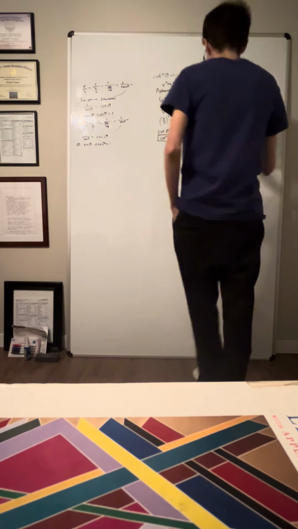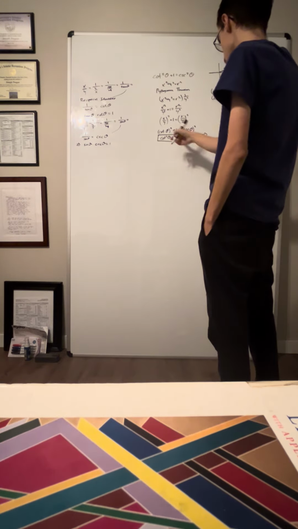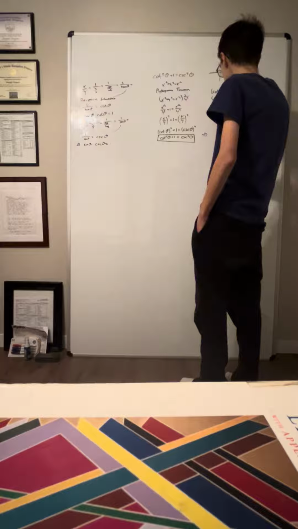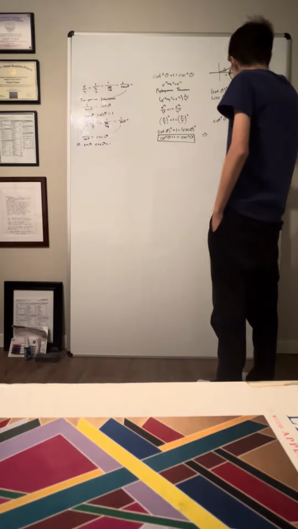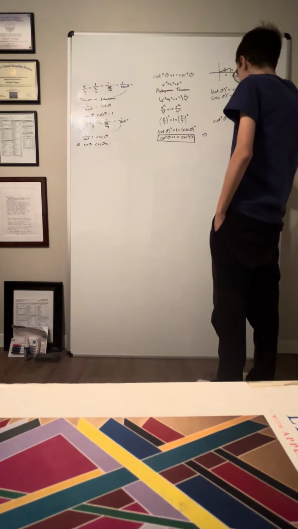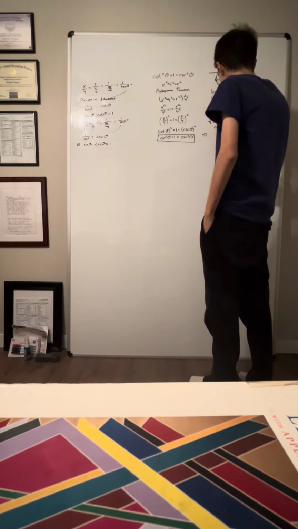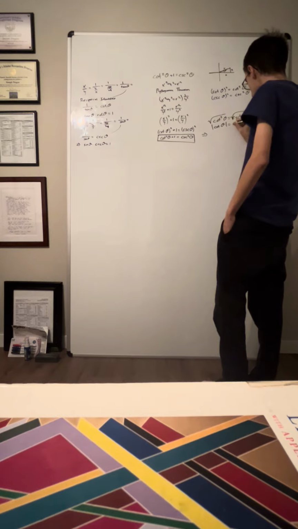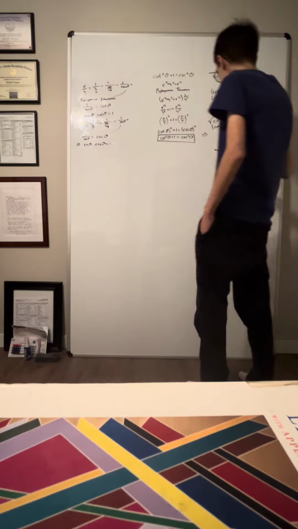Another important note, you might be asked to have one of these in terms of the other. So let's figure out what that is real quick. Cotangent squared of the angle equals cosecant squared of the angle minus 1. And we can square root both sides to come up with the absolute value of cotangent of the angle equals the square root of cosecant squared of the angle minus 1.